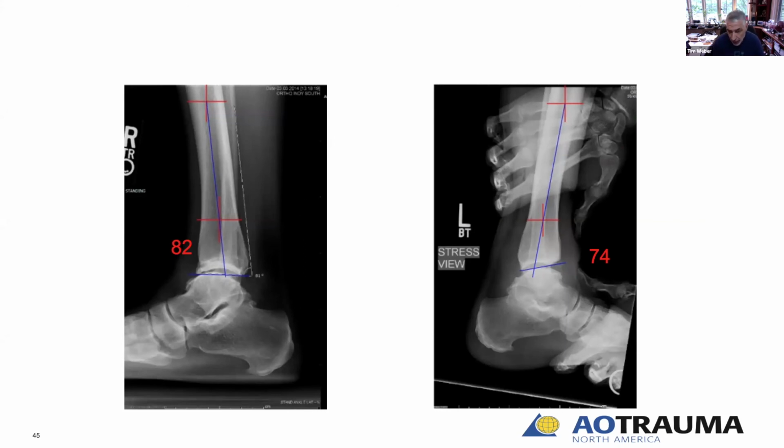His opposite side, or his side now that he's having a problem with, because of the aggressive resection, now has essentially an inclination of his plafond of about 10 degrees more. Our thought was that maybe, because given his joint space here, his joint space actually looks quite good, we might be able to do an osteotomy and try to move the plafond back up over the talar dome.